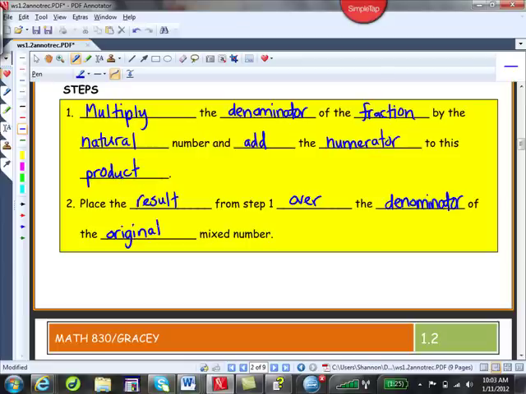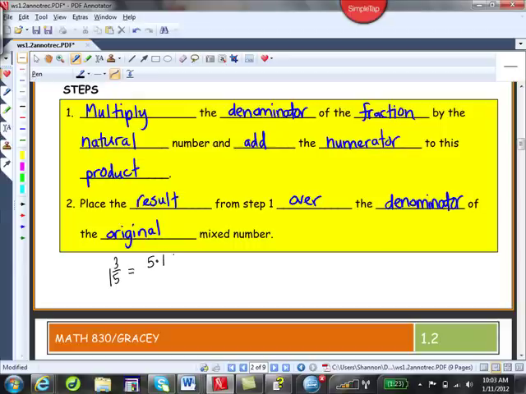All right. So let's take a look at the one that we had, 1 3/5, and show you how to convert this using this method. So the denominator is 5. We're going to multiply that to the natural number.